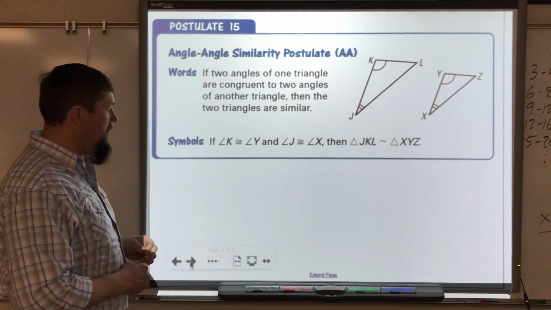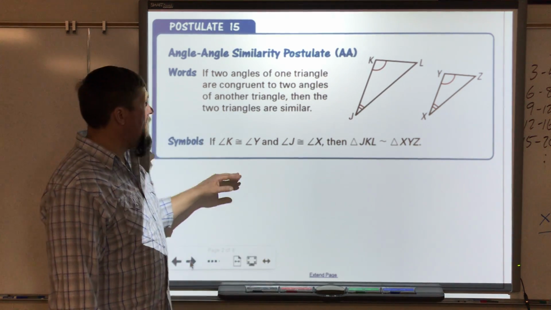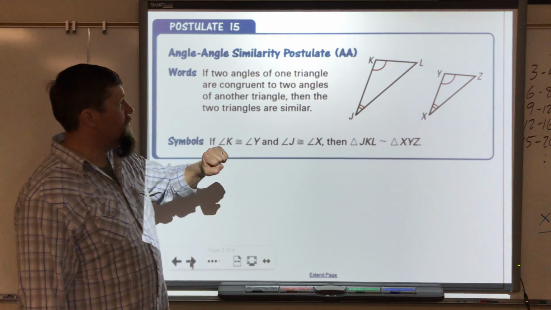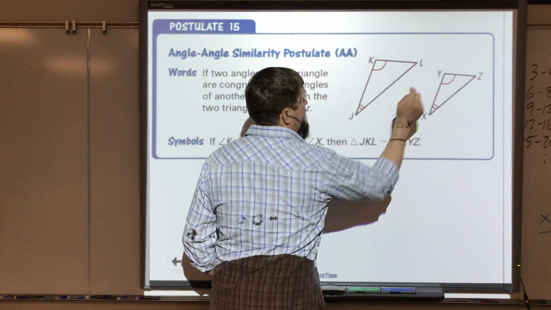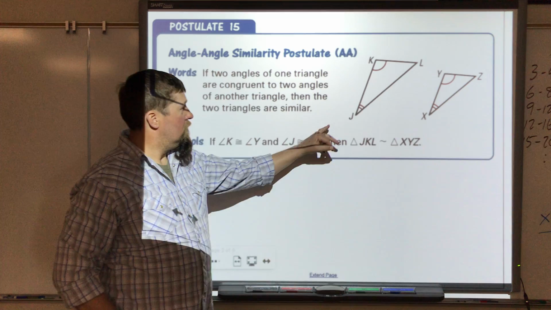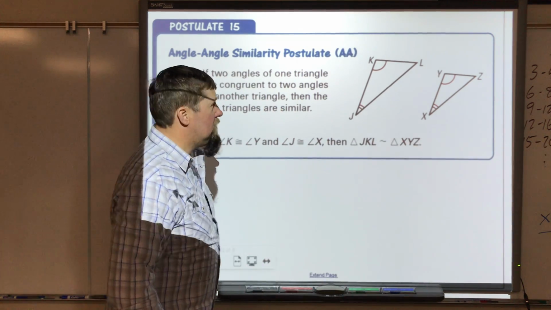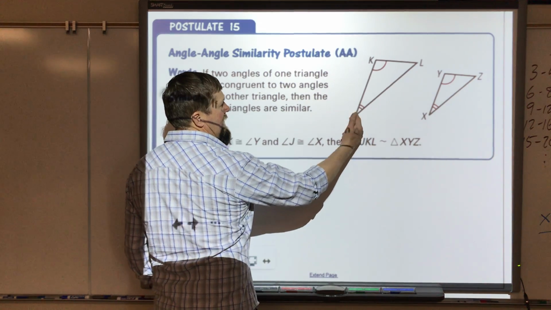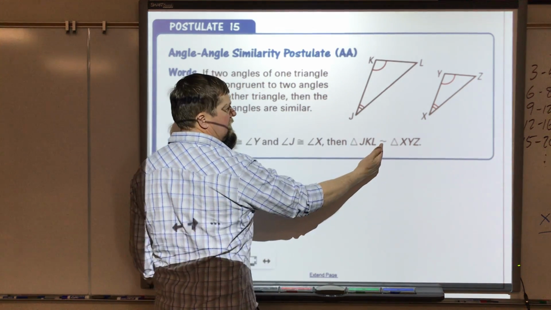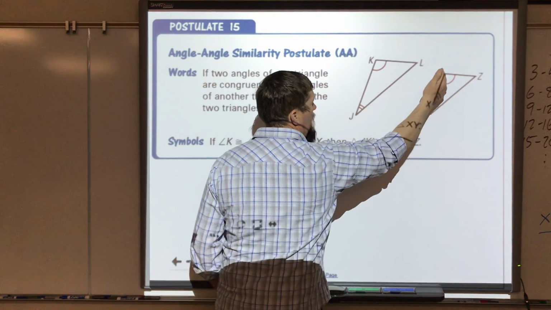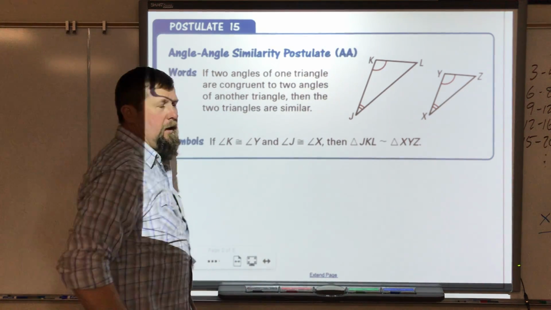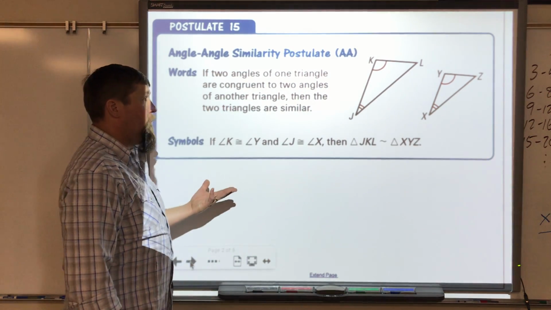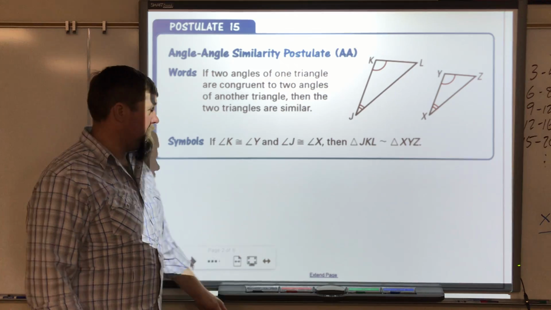Here they're showing you that angle K is congruent to angle Y, angle J is congruent to angle X, so therefore we know that triangle JKL is similar to XYZ. Okay, that's all we need to know. Now we know that the sides are proportionate.